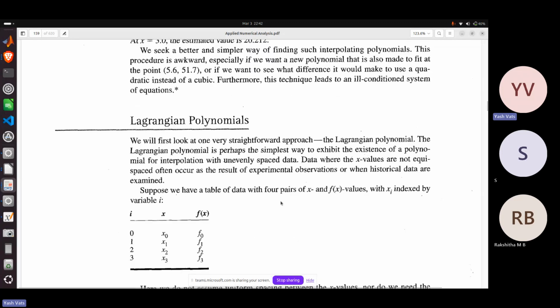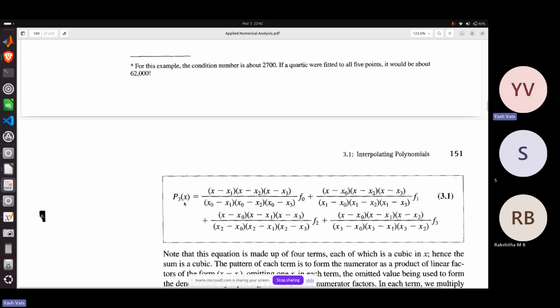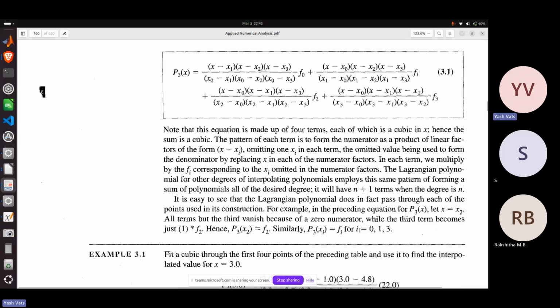So P3(x) is a polynomial which fits f. So f naught, f1, f2 and f3 are given to you already. So you just need these types of coefficients: x minus x1, x minus x2, x minus x3, and this. So you have to use this formula just to find out the polynomial approximation.